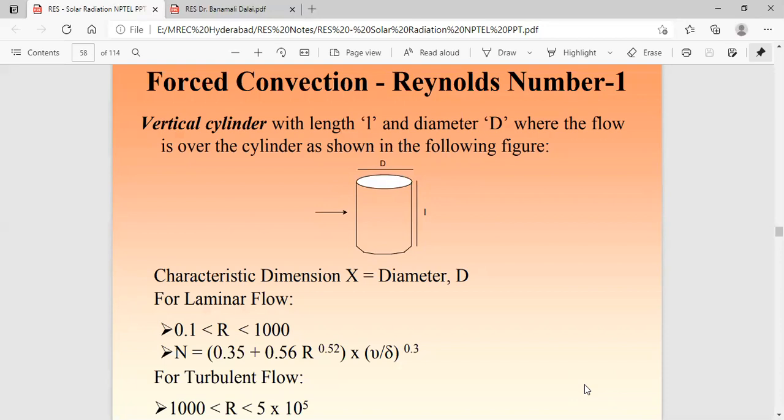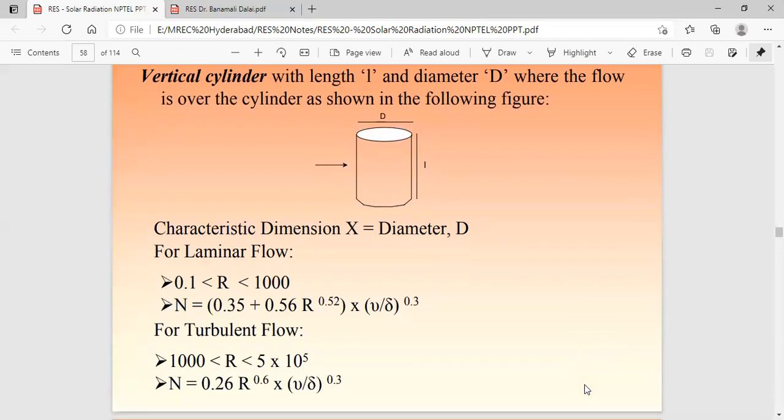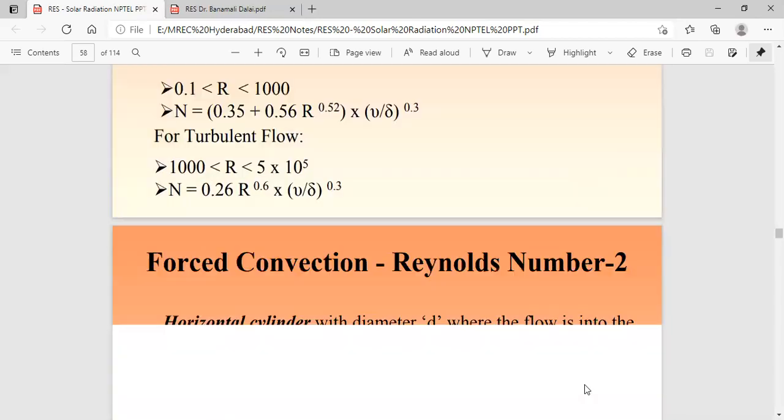For turbulent flow, Re is greater than 1000, less than 5 into 10^5, Nu is equal to 0.26 into Re power 0.6 into (V/δ) power 0.3.